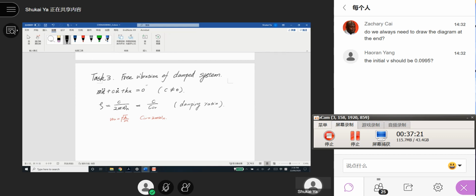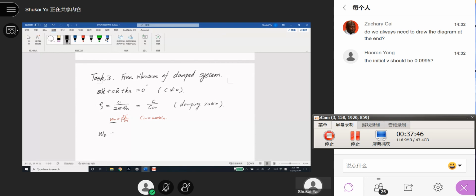If we know this one, then we introduced omega n before, which is the natural circular frequency for the undamped system. For the damped system, we have another one, omega d. The frequency is no longer omega n, it should be omega d.